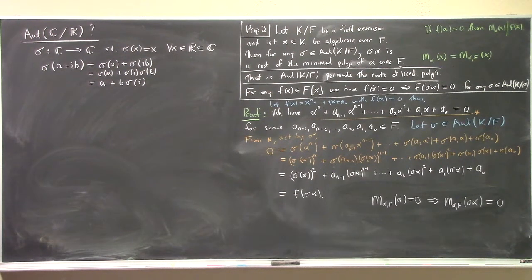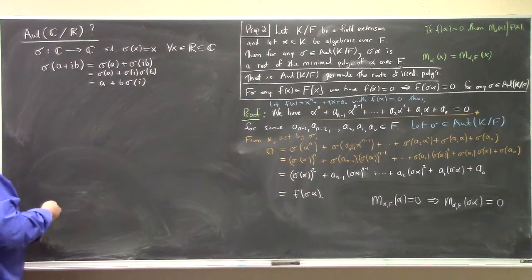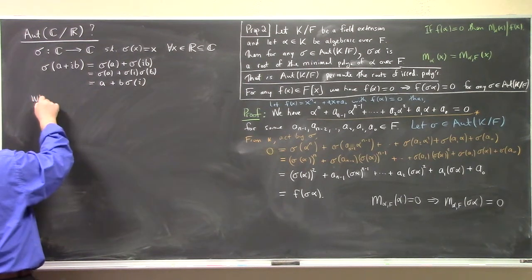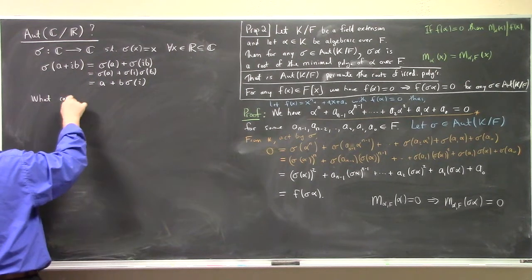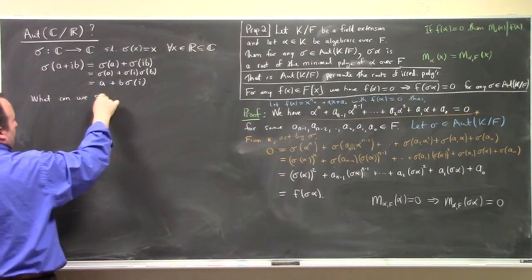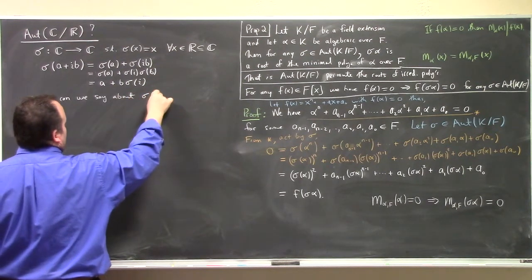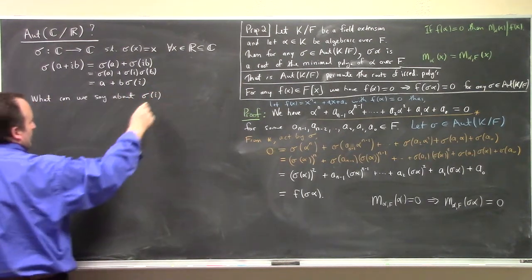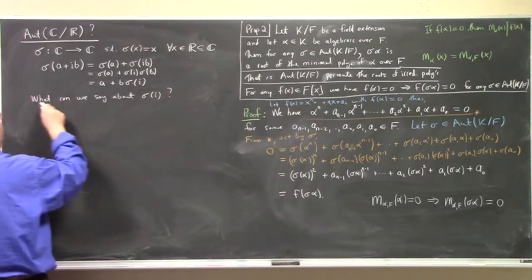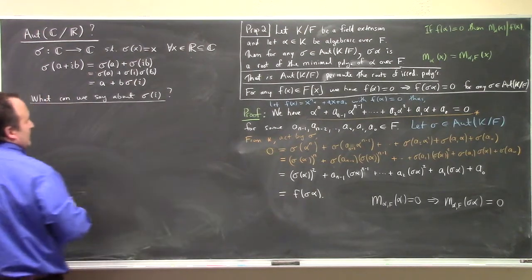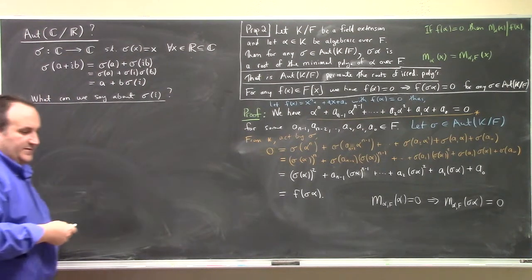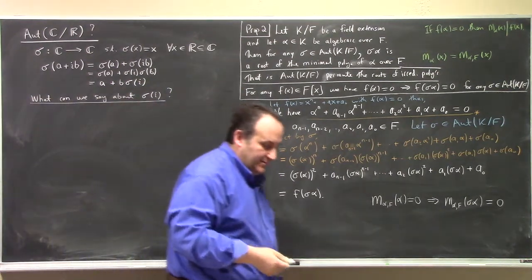But what else do we know? So what are the possible R fixing automorphisms of C? Anything that takes a to any real number and b to 0. What can we say about sigma of i? Like, what can sigma of i be? Can we make that just anything we want? There are strings attached to i, right?